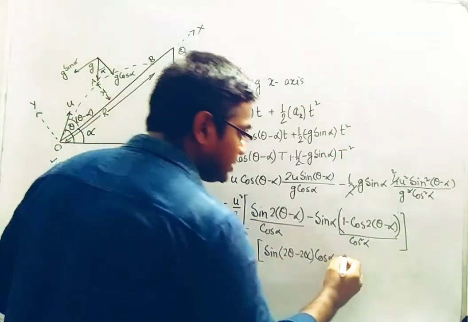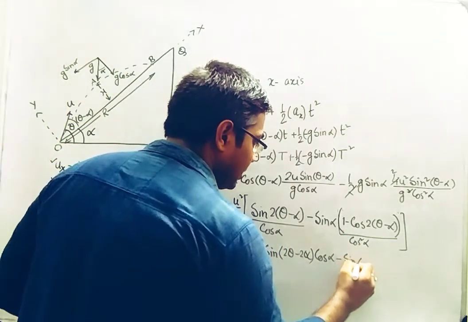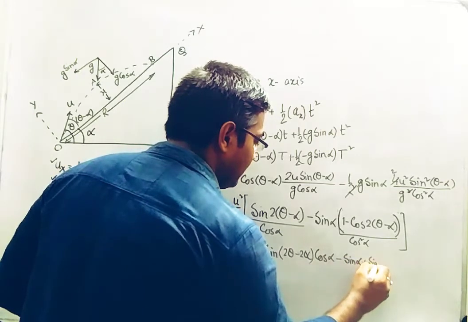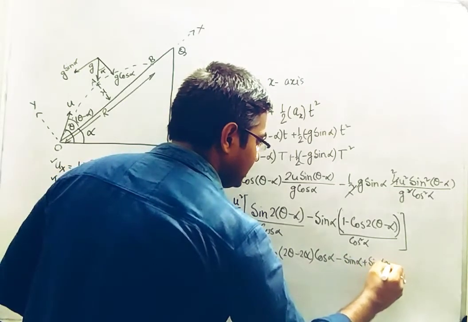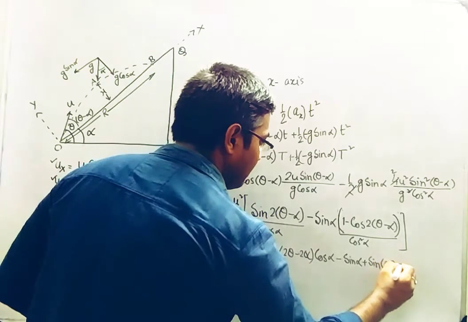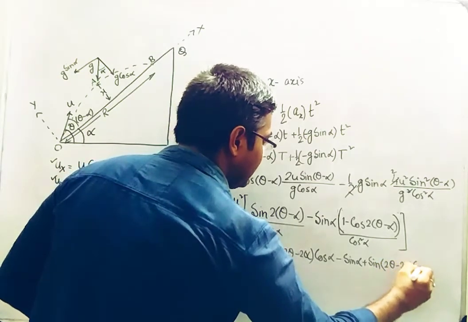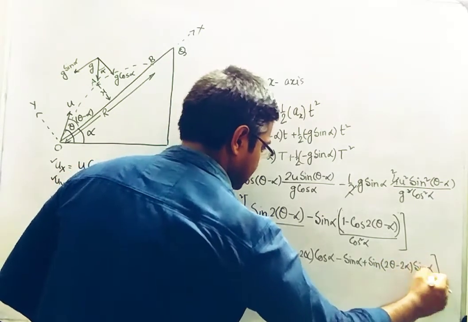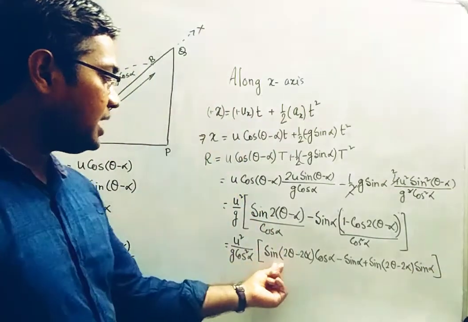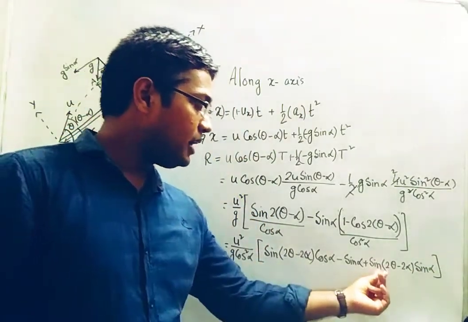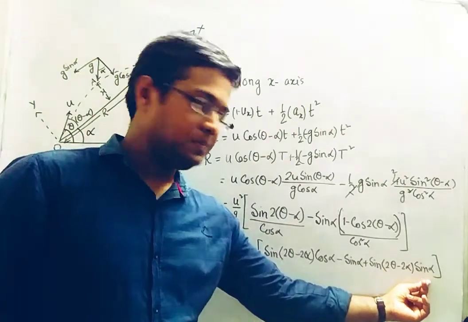If I multiply these things, then it is minus sine alpha plus sine 2 theta minus 2 alpha into sine alpha. So just see, it is sine A cos B plus sine B cos A.